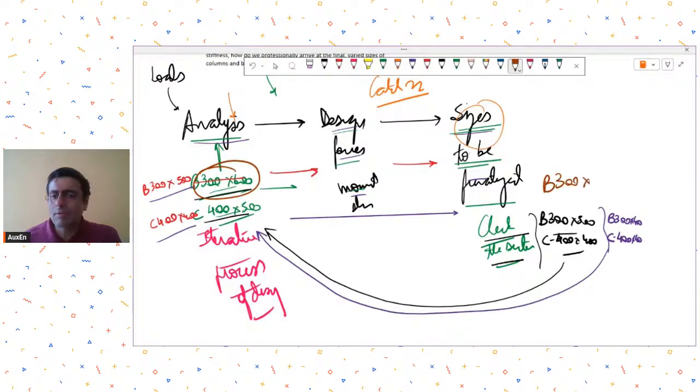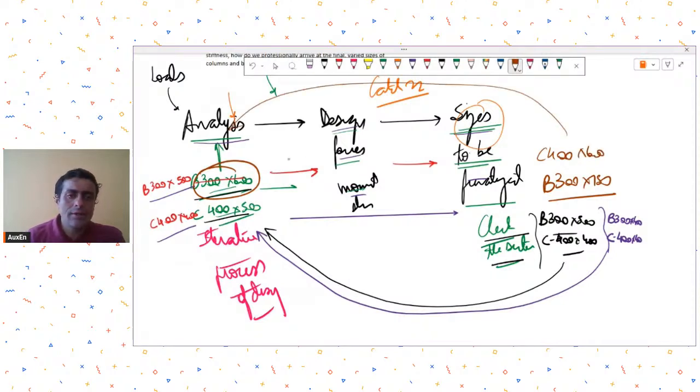This may also happen, that the initial size that you took was not sufficient and you had to change the sizes. So if that happens, again you have to go back, run the analysis, do the design, get the design forces, moments, etc., and check for all these design effects, and then again you may find that further size needs to be increased.